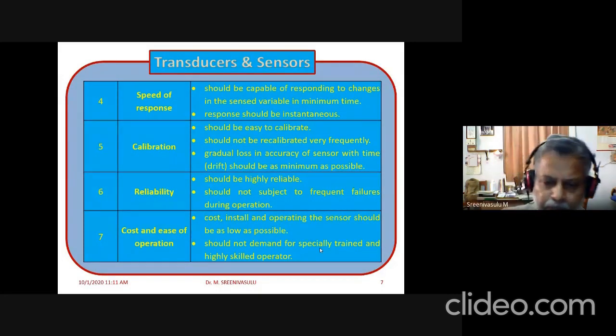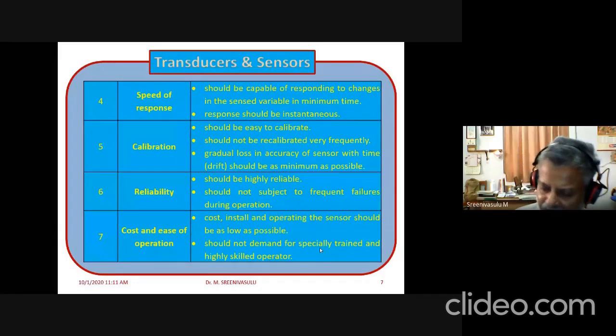And of course, calibration. We have already seen in the earlier discussions, we should be in a position to calibrate that particular variable easily. So for example, if you have linear variation of that particular variable, it is easy to calibrate. If you have non-linear variation, it is not going to be that easy to calibrate.